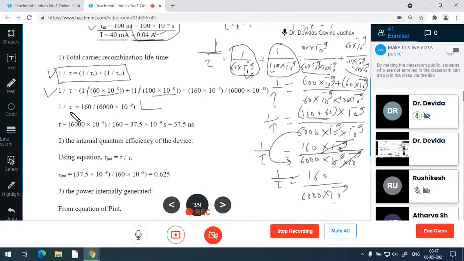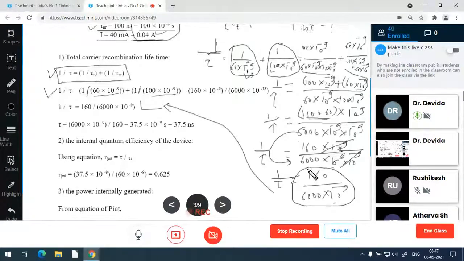And that 1 upon tau is coming as 160 divided by 6000 into 10 raised to minus 9. So this is the calculation. If you calculate it with the calculator, you will get 1 upon tau.